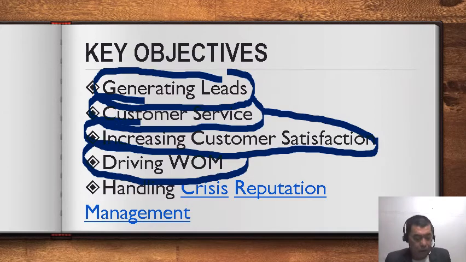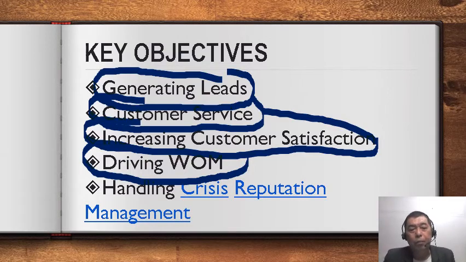In crisis reputation, a typical example is when Mitsubishi had this sudden unintended acceleration. They were not able to establish their reputation, no? They were not able to handle the crisis in a strategic manner.